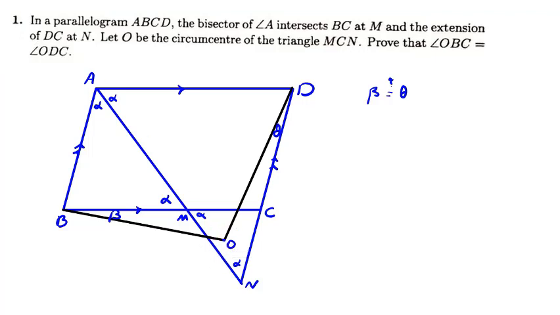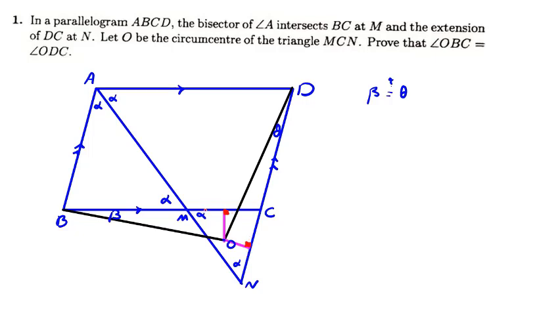So if I connect, let me draw with pink a line. It is a perpendicular bisector. Here also it is a perpendicular bisector. Because it is O, if you draw perpendiculars to these two sides, they are equal.